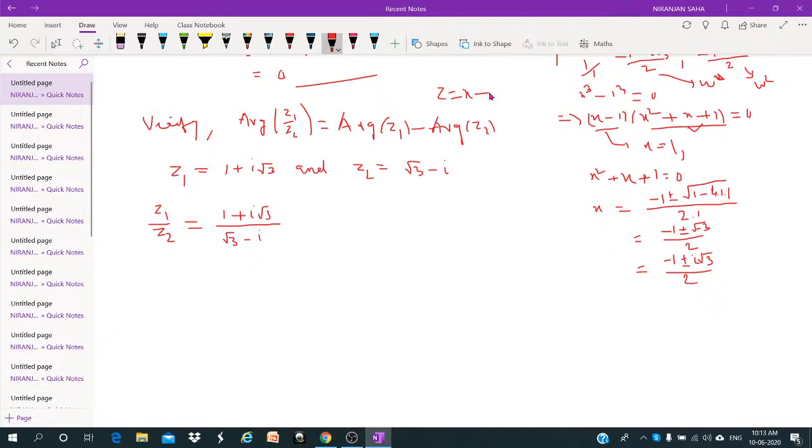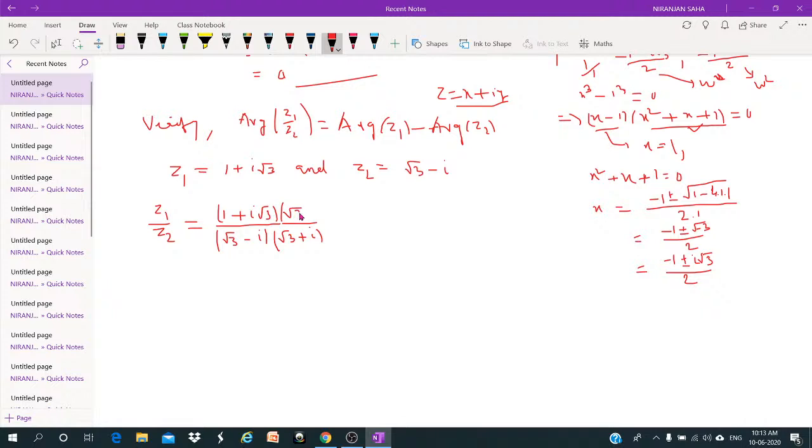We have to express it in that form first. So we will take the conjugate of the denominator, which is root 3 plus iota, and multiply with the numerator also.